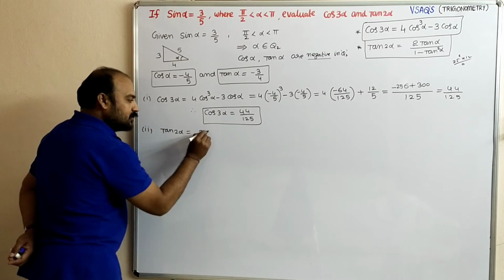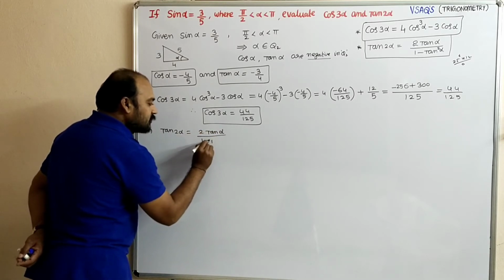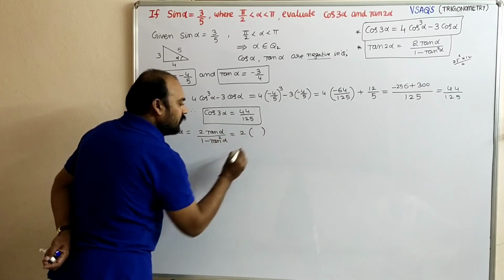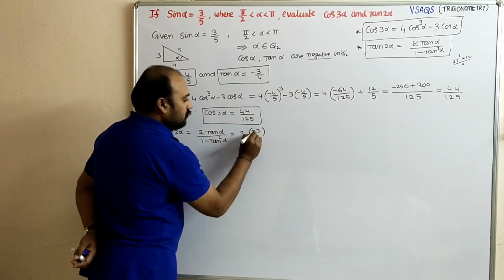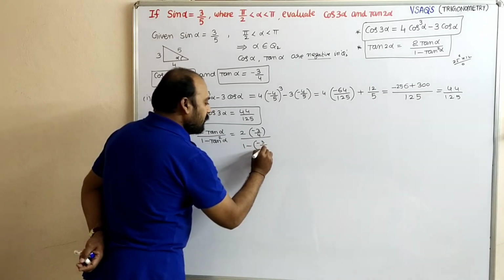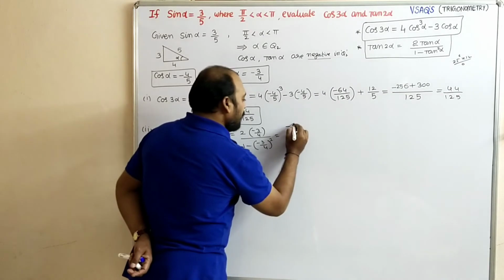Write the formula: 2 tan alpha divided by 1 minus tan square alpha, which is equal to 2 into, in place of tan alpha, minus 3 by 4, divided by 1 minus minus 3 by 4 whole square, which is equal to minus 6 by 4.